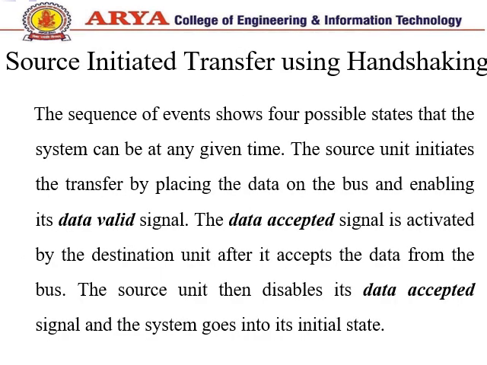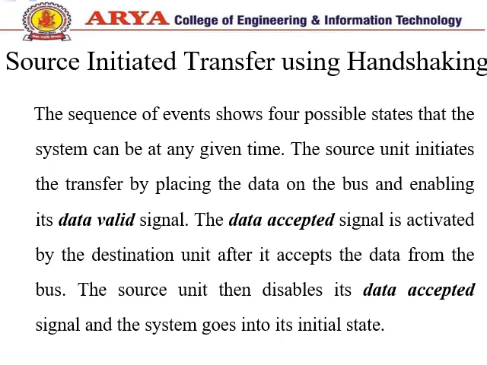Source initiated transfer using handshaking. The sequence of events shows four possible states that the system can be in at any given time. The source unit initiates the transfer by placing the data on the bus and enabling its data valid signal. The data accepted signal is activated by the destination unit after it accepts the data from the bus.